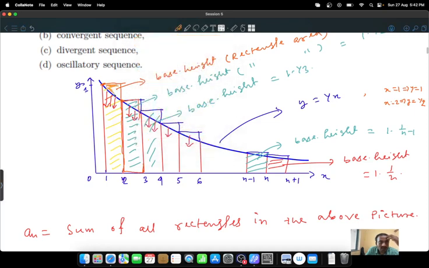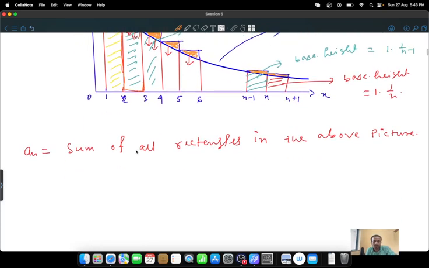For example, in this case you have added this much, in this case you have added this much extra area. In each of the cases these are the parts where you have added some extra area, and you will always get some extra because it tends to 0, it never gets 0.